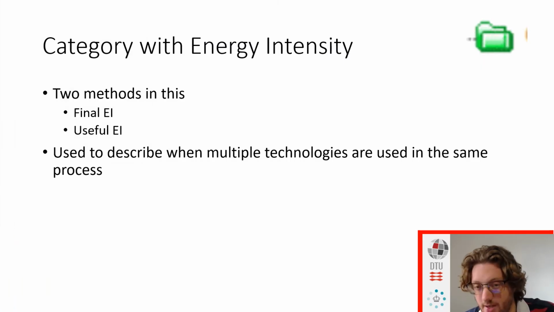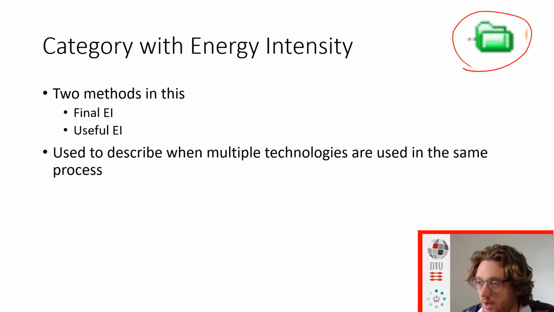Then we also have the category with energy intensity. As you can see from the logo, it actually looks like a folder, and that's because it replaces the normal category in LEAP that we use in branches. The reason for that is because we can have multiple things underneath this. There are two methods when we're using the energy intensity category or folder.